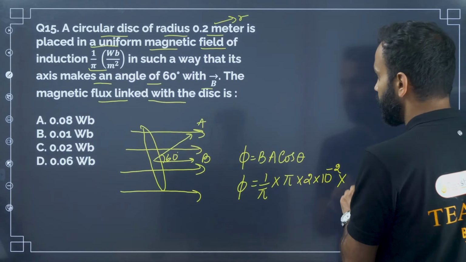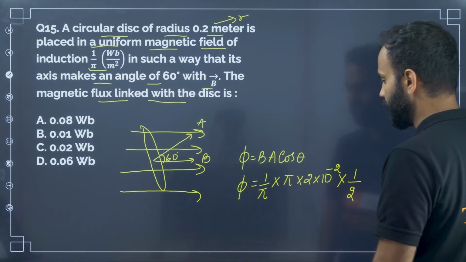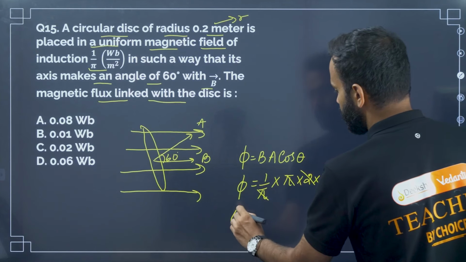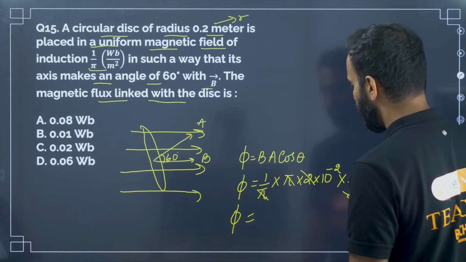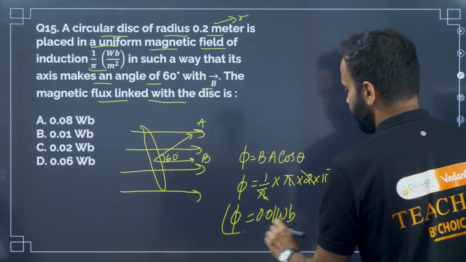Theta is 60 degree, so cos 60 degree is 1 by 2. So the 2 will get cancelled, pi will get cancelled. So phi is equal to 0.01 Weber.